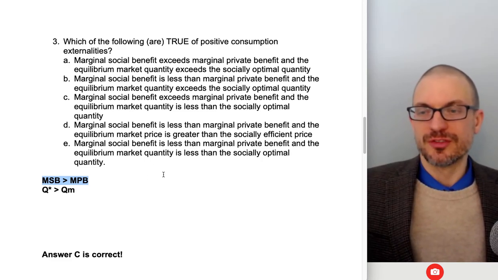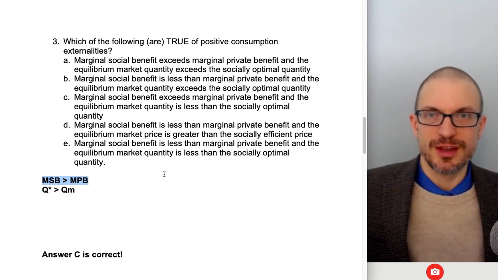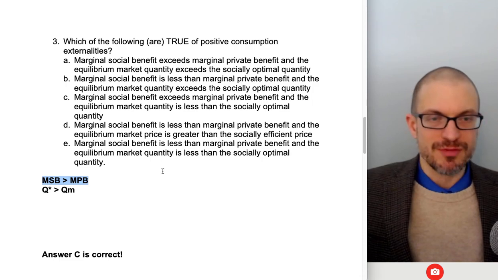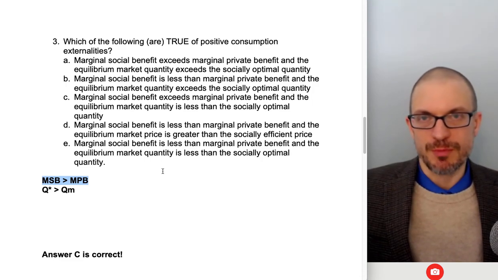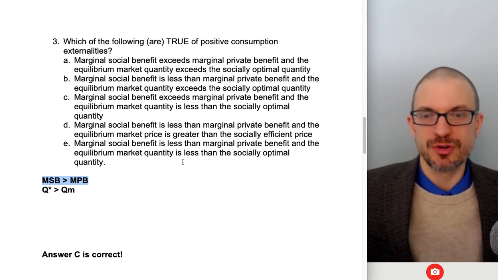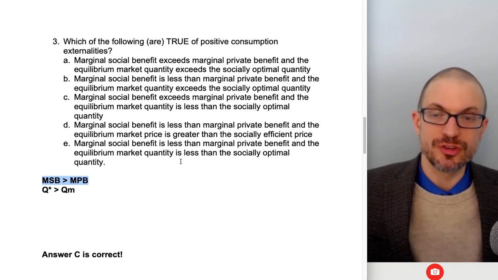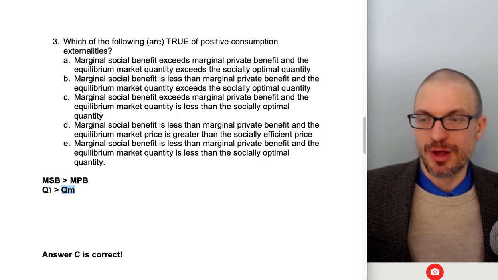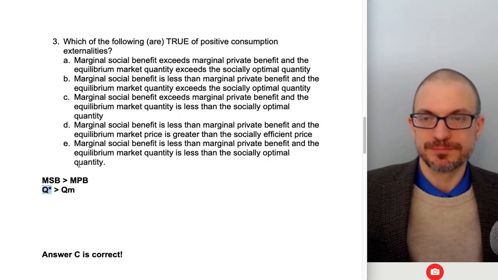The other thing is, the problem with externalities is that in the case of positive externality, the market quantity, what the market delivers from comparing private benefit to private cost, is going to be smaller than the socially optimal amount, which would take into consideration the additional spillover benefits. Right? So the market quantity is going to be smaller than the socially efficient quantity.